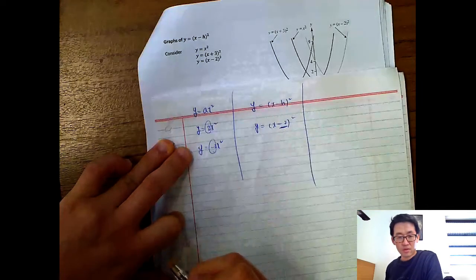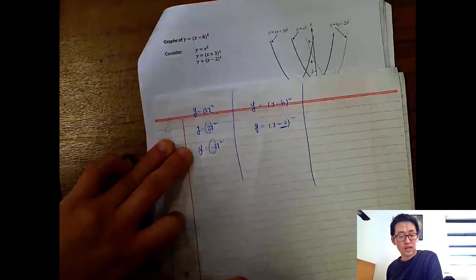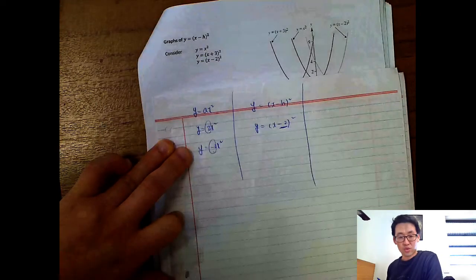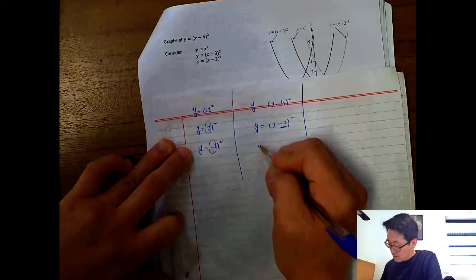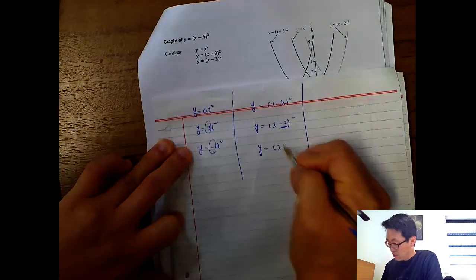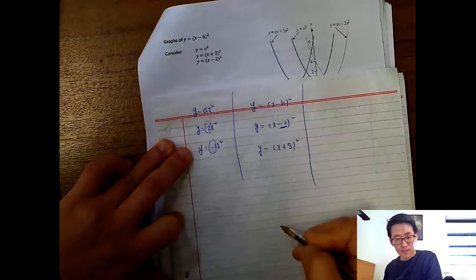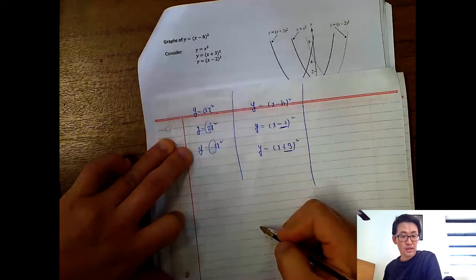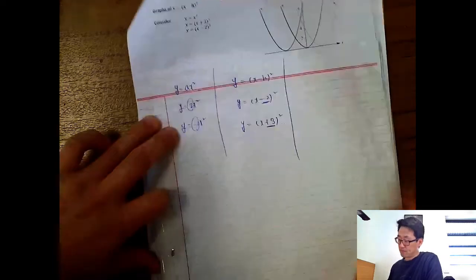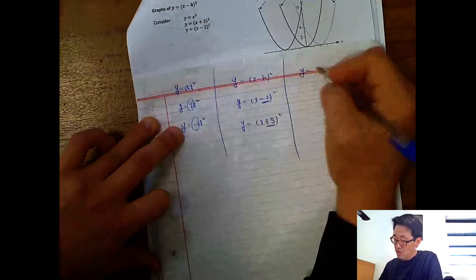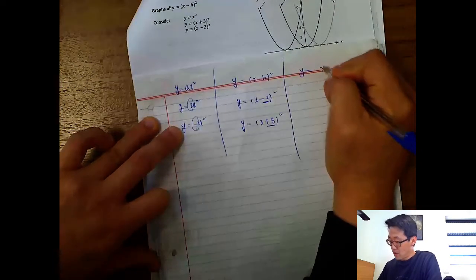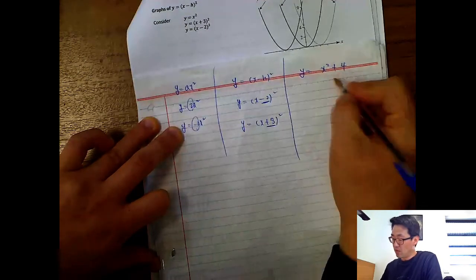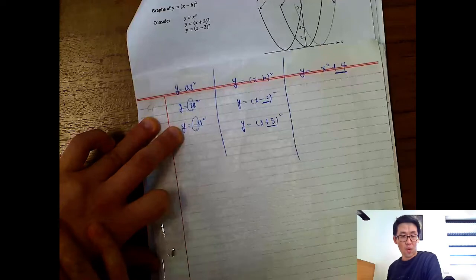Opposite of this, 2. So it's translated plus 2 horizontally. (x plus 3) squared, same thing, horizontally minus 3. Translated. Y equals x squared plus 4, vertically moved 4.